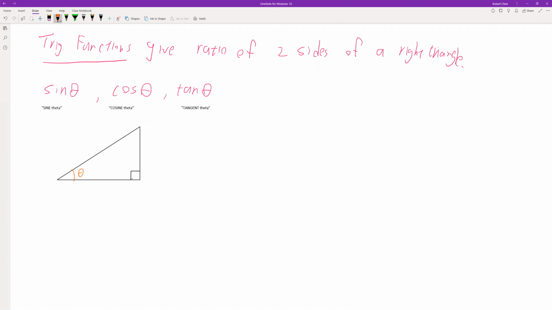Now, by looking at this theta, we are able to name the three sides of a right triangle. For example, we look at the side that is opposite to the angle theta, which is right here. So we would call this the opposite side.